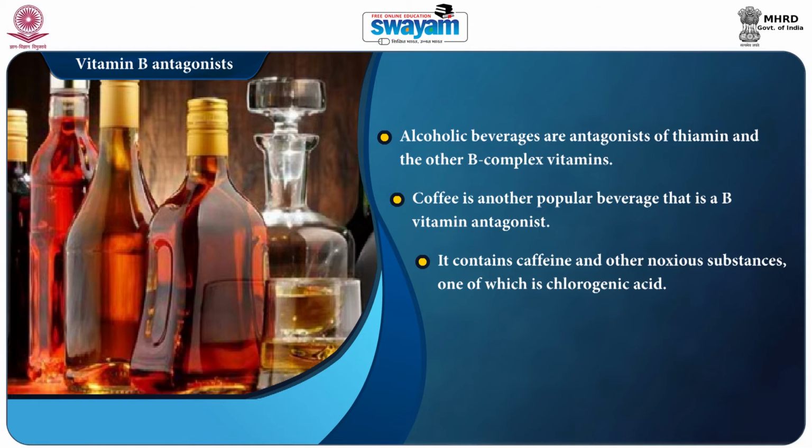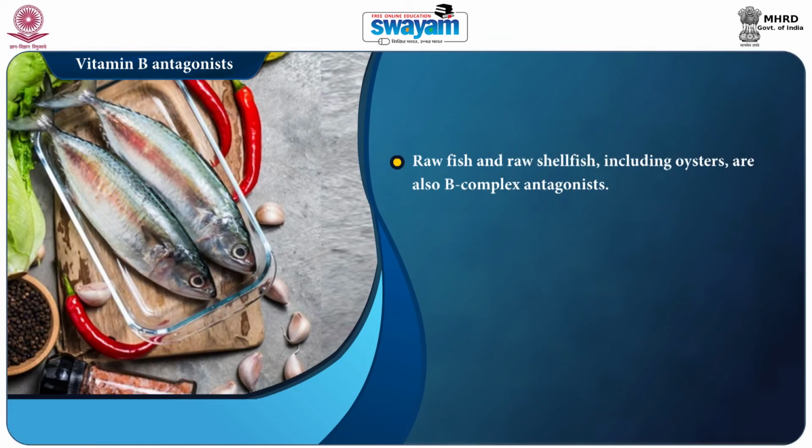Inositol deficits may occur among coffee drinkers too, as well as deficits of both biotin and thiamine. Raw fish and raw shellfish, including oysters, are also B complex antagonists.